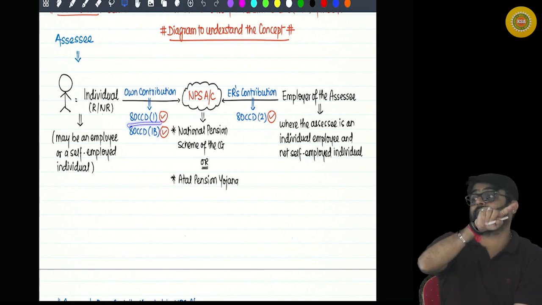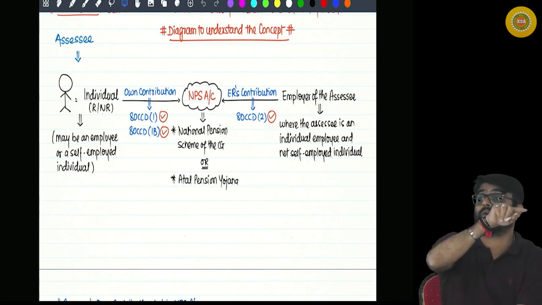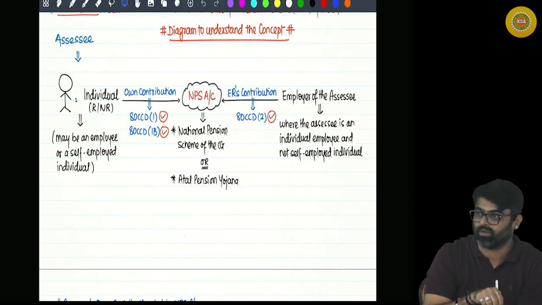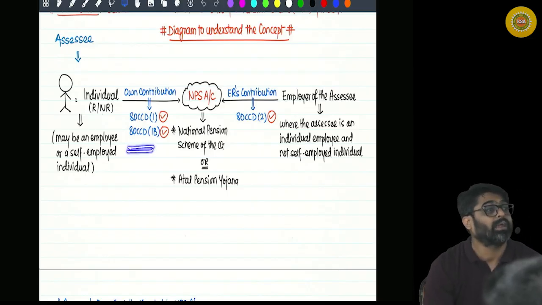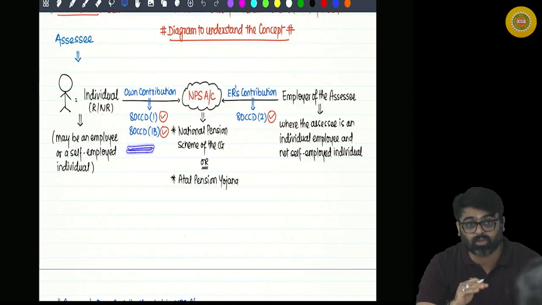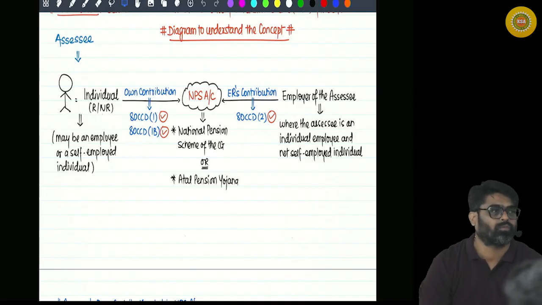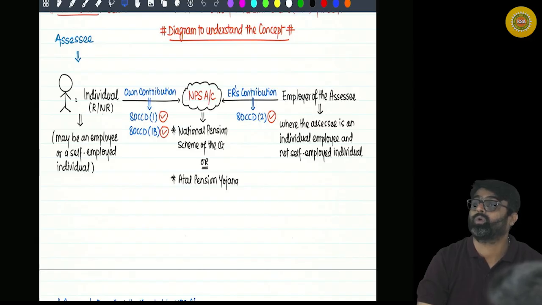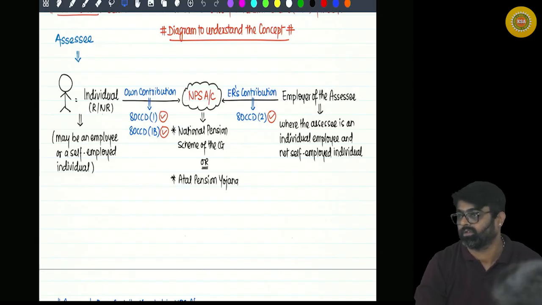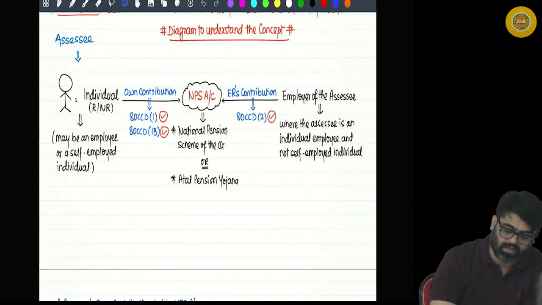And that is further subjected to overall limit of 80CCE. Yes or no? And that own contribution can be claimed under section 80CCD1B subject to an additional limit of 50,000, which is not further subjected to overall limit of 80CCE. Will you remember this?